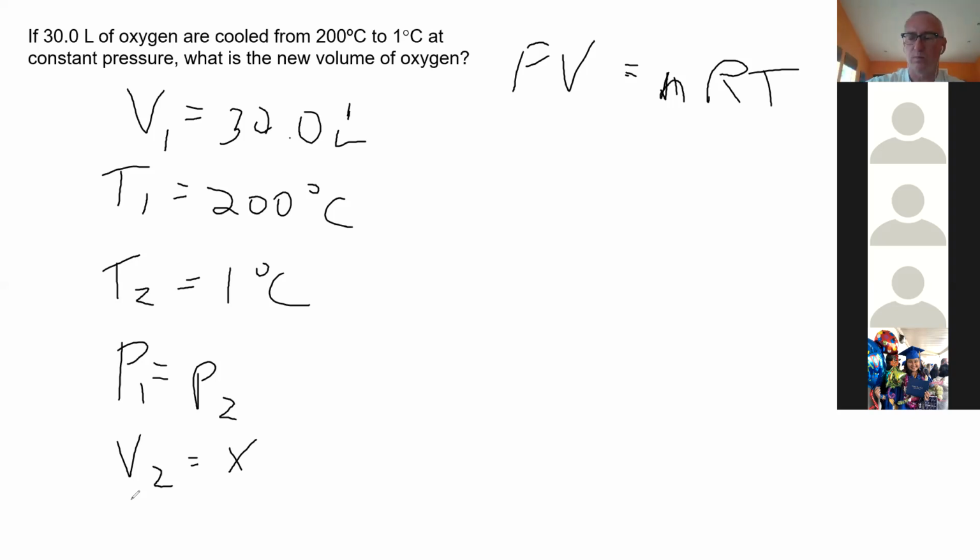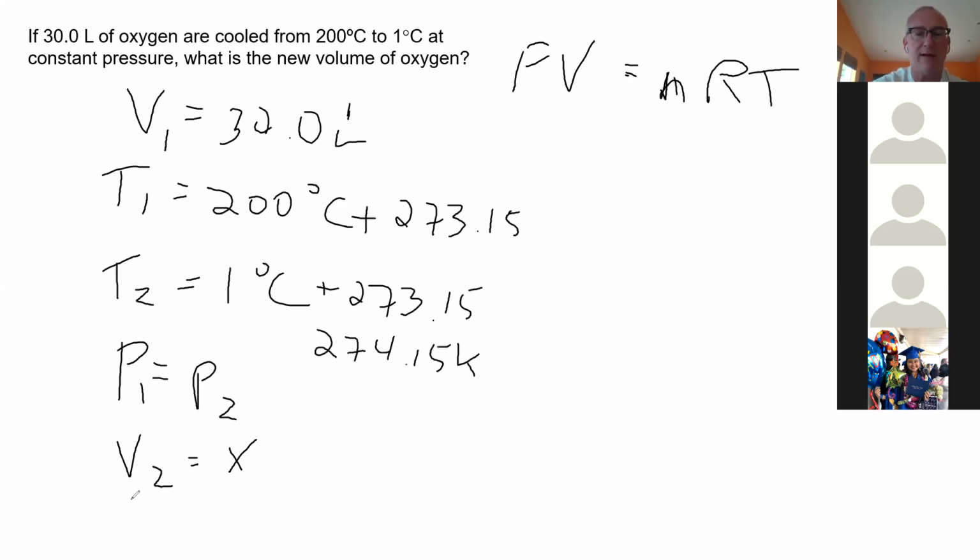Don't we just add 270? Wait, no. Add 273.15. Yeah. So we add 273.15 to both of these. So our T2 is 274.15 Kelvin, and our T1 is 473.15 Kelvin.